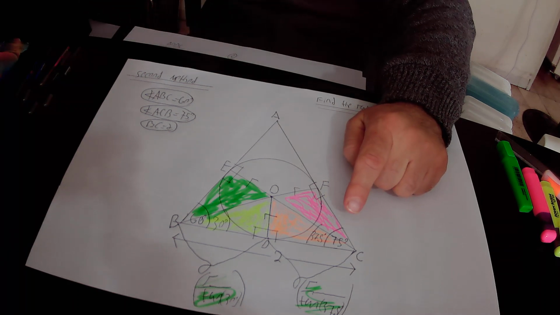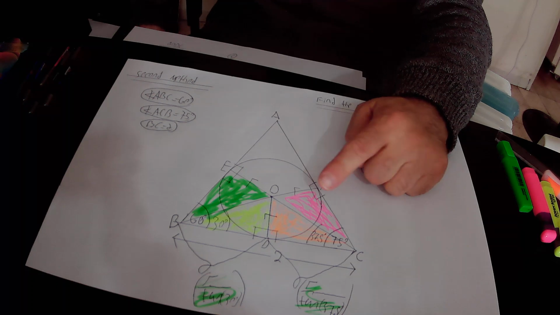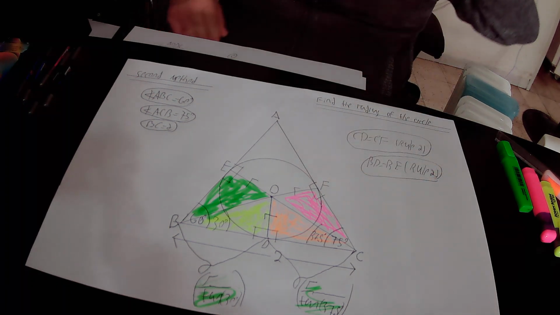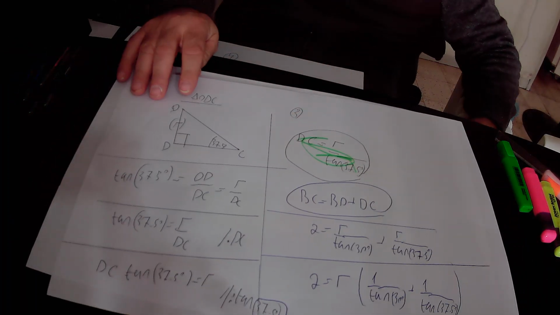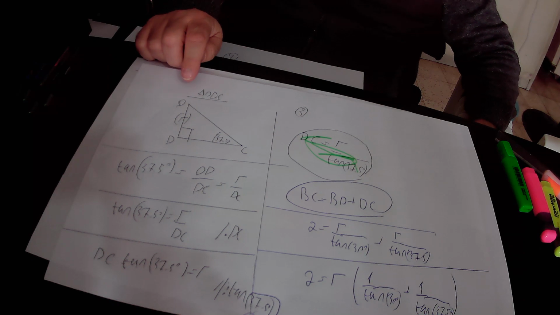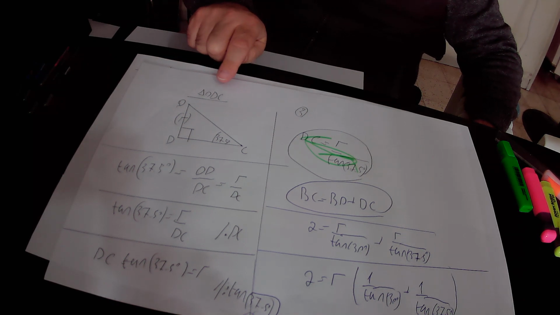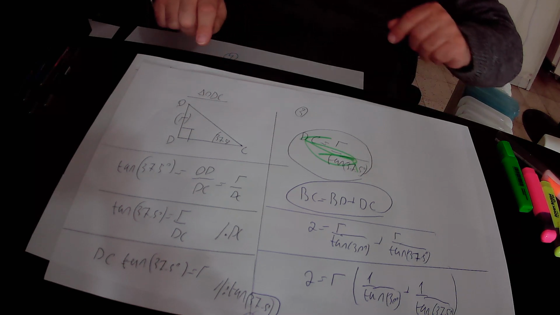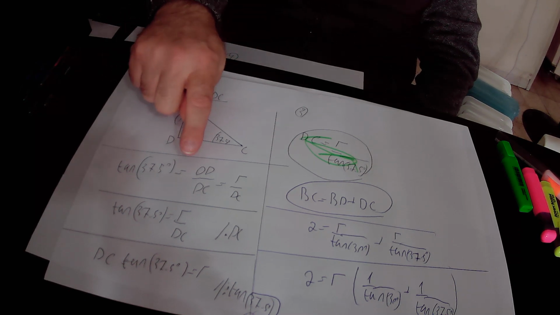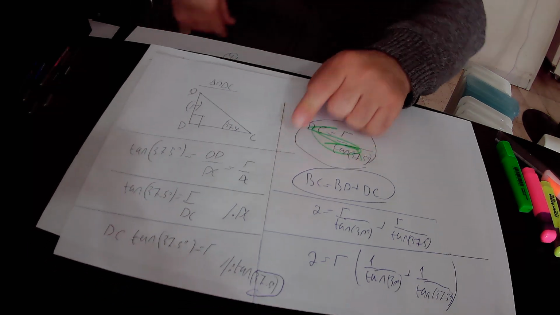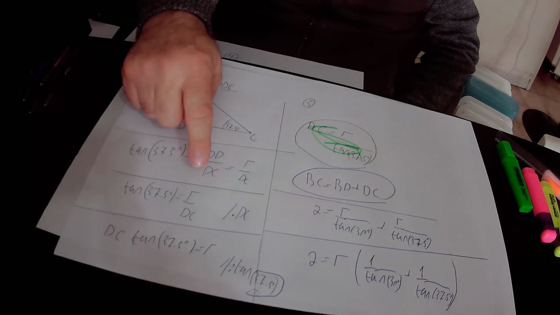In the next step, I copied the right orange triangle ODC to a new page and we analyze it. This is the right orange triangle ODC that I copied from the original drawing. In this right triangle ODC, tan 37.5 degrees equals OD over DC. OD is R, so tan 37.5 degrees equals R over DC.